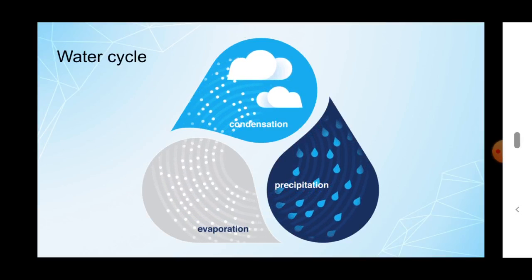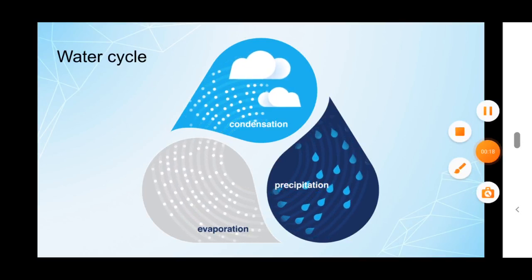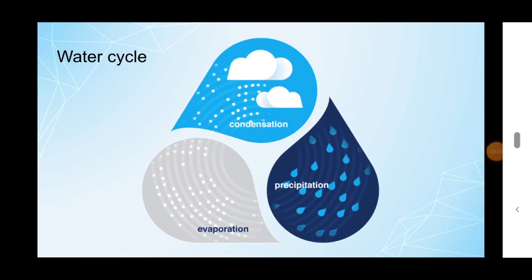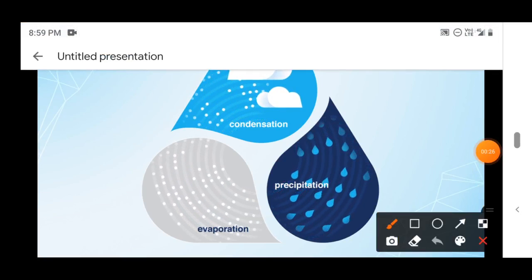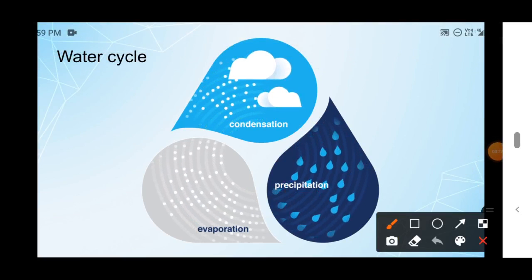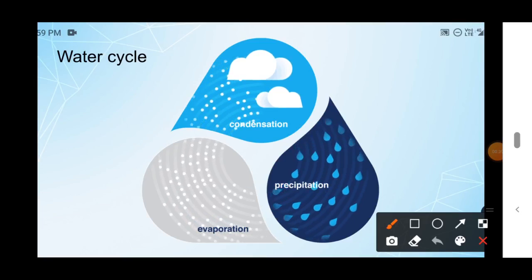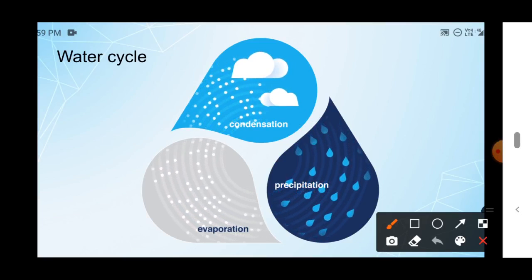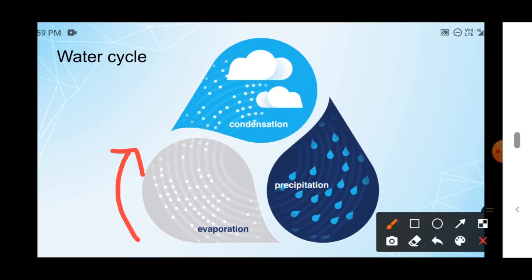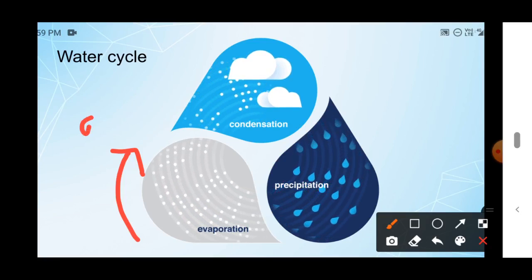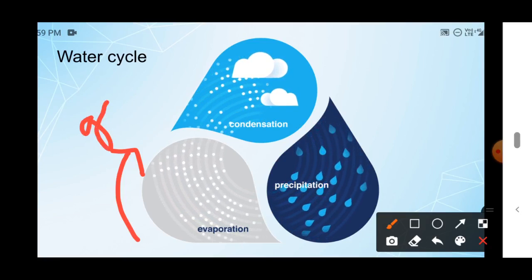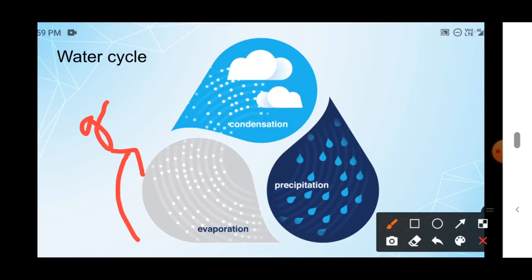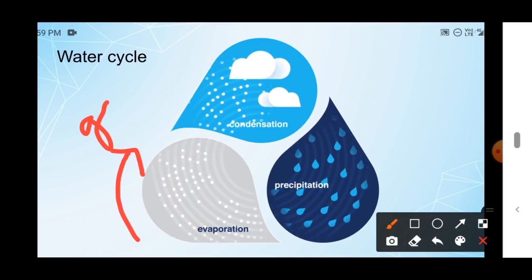Next, we know that the water is taken from the earth's surface by two processes. One is evaporation and another one is transpiration. From this process, the water is converted into water vapor. That means it converts into the gaseous form. Then it goes to the atmosphere and it condenses.